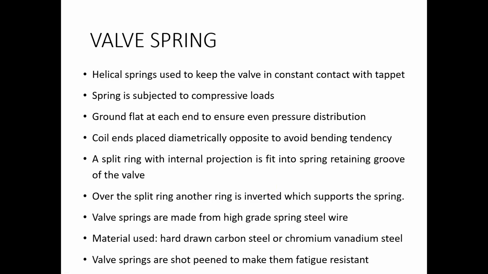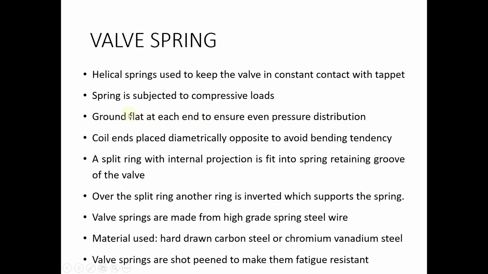Then another component of the valve mechanism is the valve spring. For the valve spring, we usually make use of a helical spring to give a spring action to the opening and closing of the valve. When the cam operates on the tappet or the follower, the spring is compressed, so it is subjected to compressive loads, and the spring is ground flat at each end.